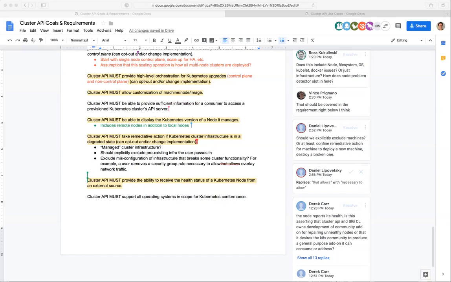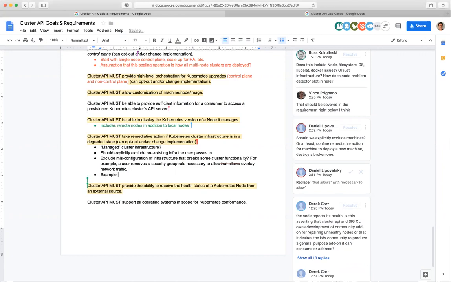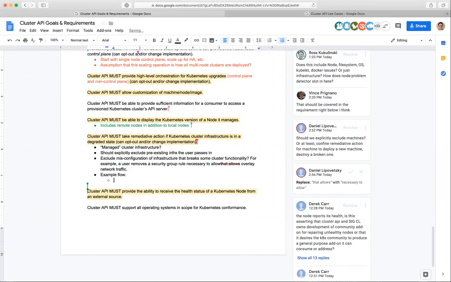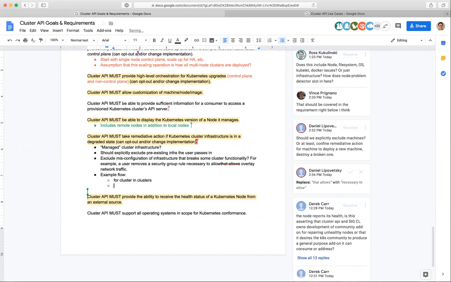I guess what I would wonder here is, rather than say must, which implies that the cluster itself is providing directed guidance on how to maybe remediate, maybe it would be Cluster API providers should ensure that they have a stable and resilient infrastructure. But I really get wary when we're looking to program how that stable and reliable infrastructure is enabled.